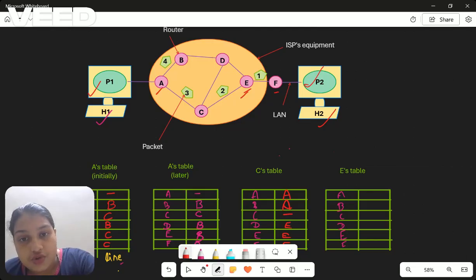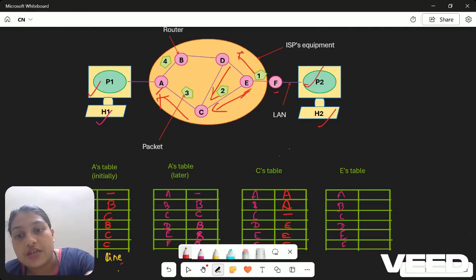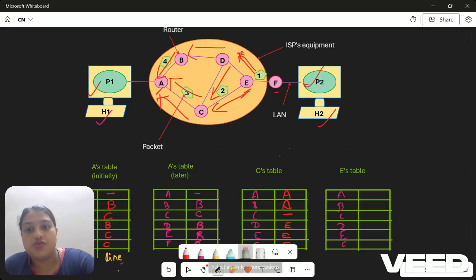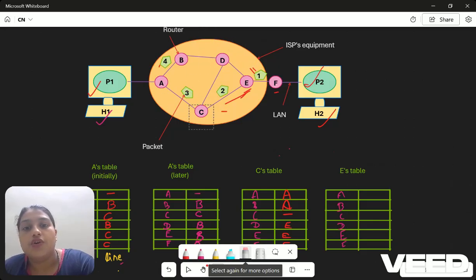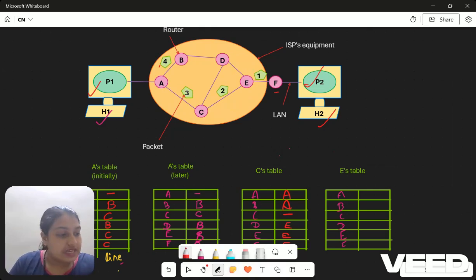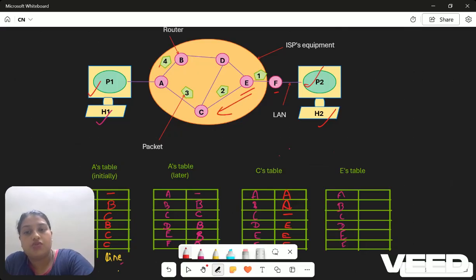I need to reach A, so I can go C to A, or D to C to A, or D to B to A. There are so many options. I can choose any way I want. It is up to you. In this case, I am choosing C, so I'll go C to A. That is through C I am going.